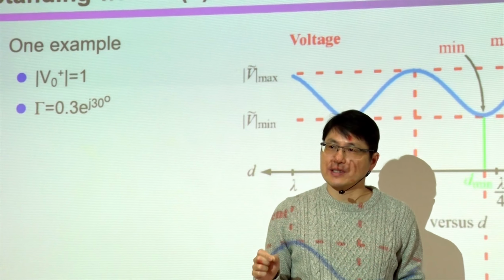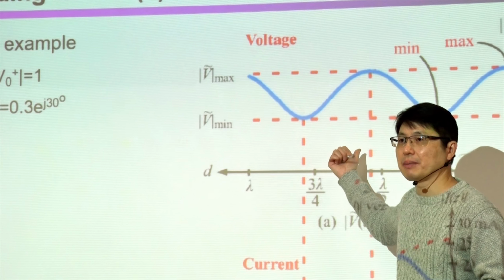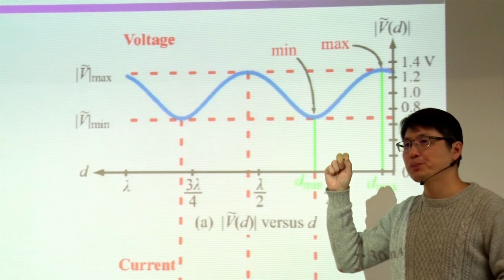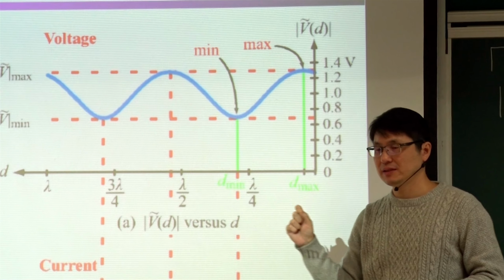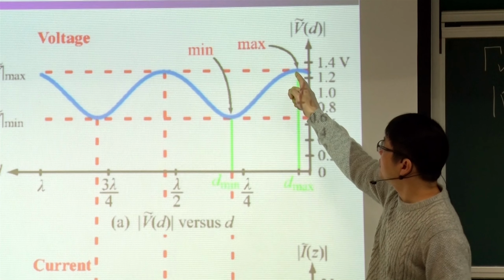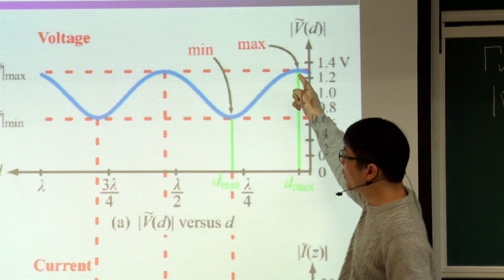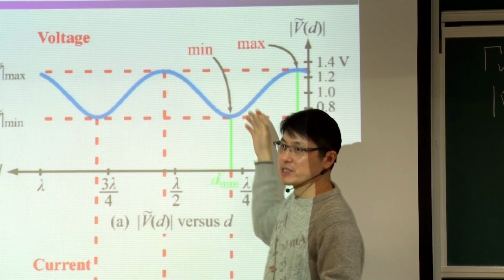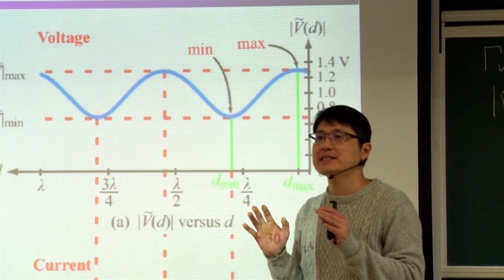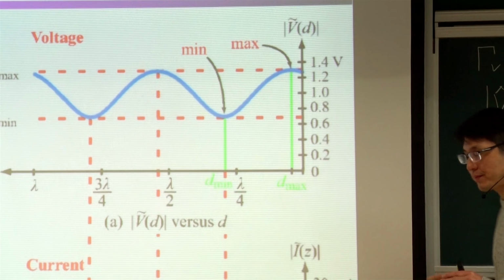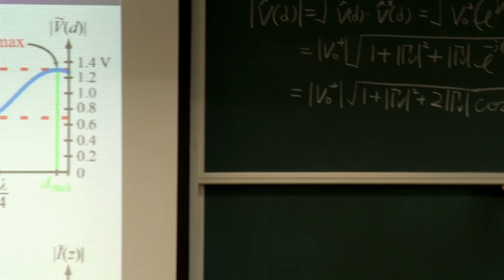We know its periodicity is lambda divided by 2, but are we able to precisely predict where the first maximum is located and where the second maximum, first minimum, second minimum are? That's a complete knowledge.